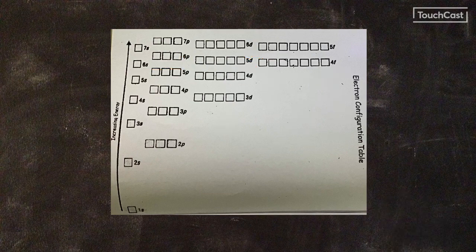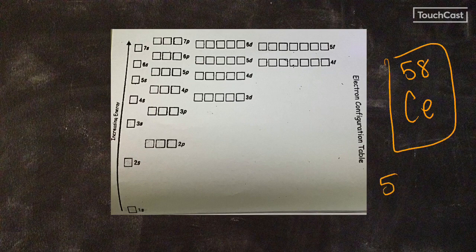So let's go ahead and do an example. We're going to do cerium, which has an atomic number of 58, which means I have 58 electrons.